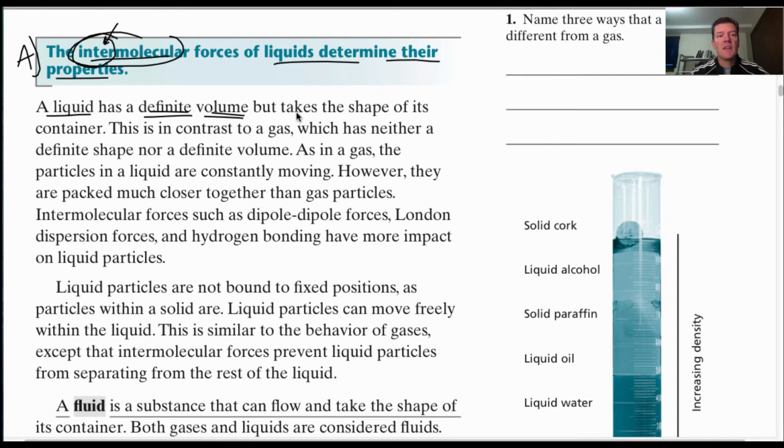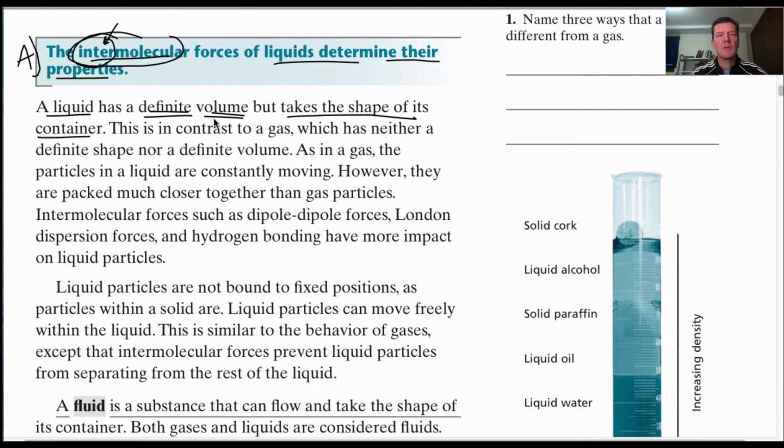Definite volume, but it takes the shape of its container. You put water in a glass, it takes on that shape. You put water in a thin graduated cylinder, it takes on that shape because it's fluid. Okay? So that's the difference here.